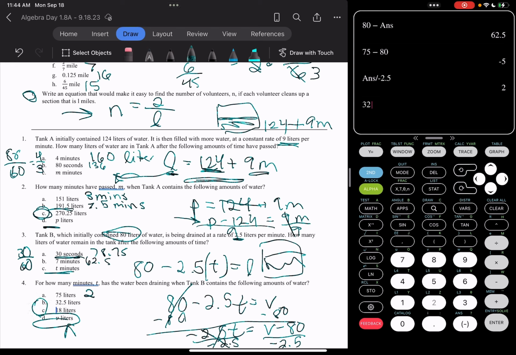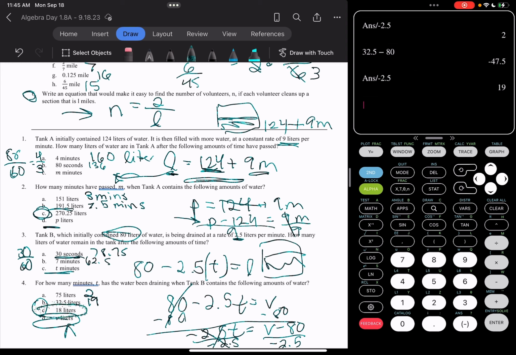If we do 32.5 minus 80, and then divide by negative 2.5, we get 19. So after 19 minutes, we will have lost much more water. You can check to see if it makes sense given the amount of time, should that be how much water you've lost or gained depending on the situation.